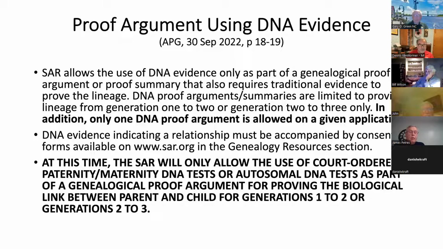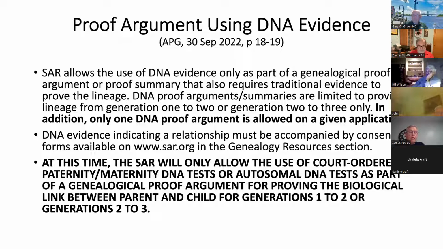This third bullet in all capitals is listed as a direct quote out of the APG. At this time, the SAR will only allow the use of court-ordered paternity or maternity DNA tests or autosomal DNA tests as part of a genealogical proof argument for proving the biological link between parent and child for generations 1 to 2 or 2 to 3.